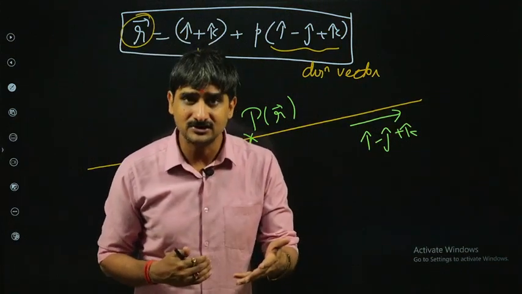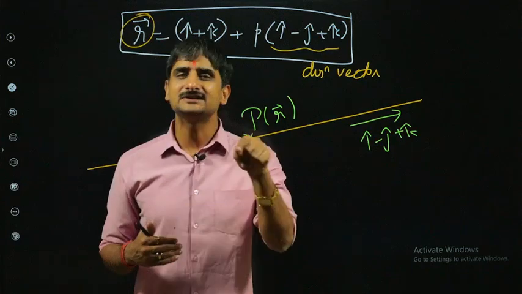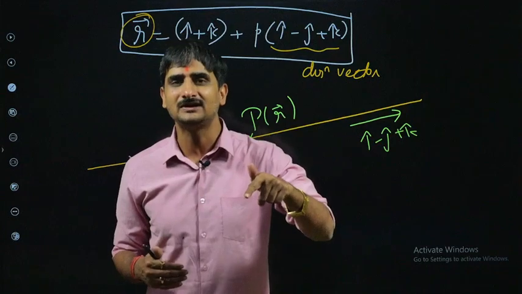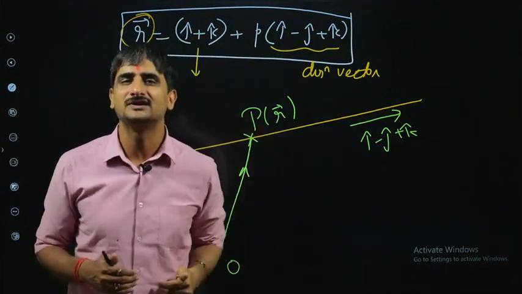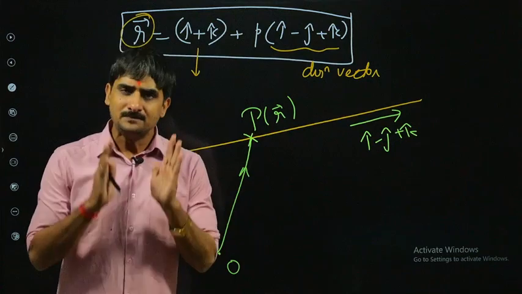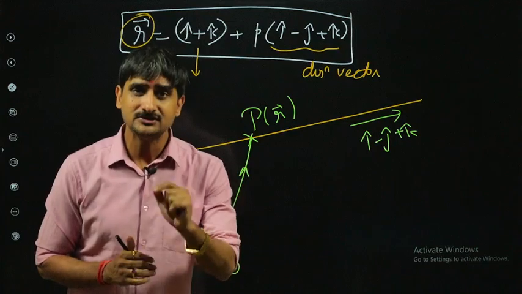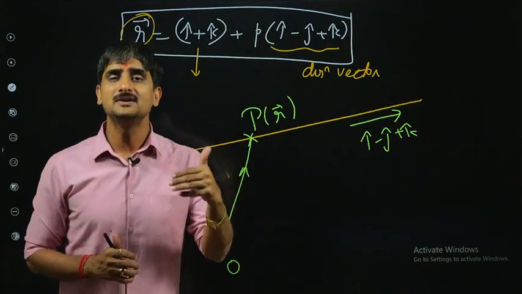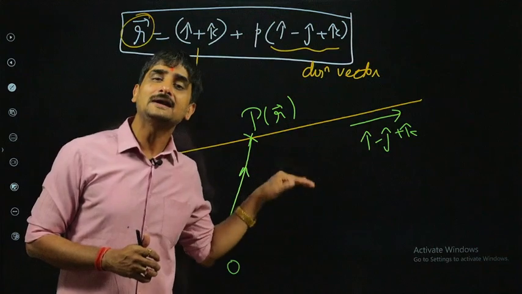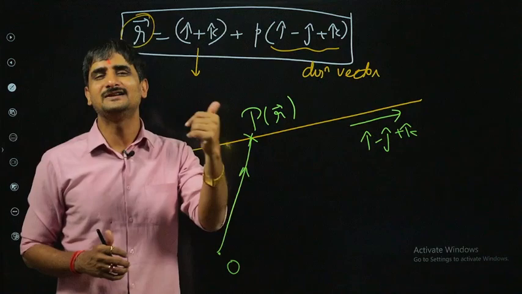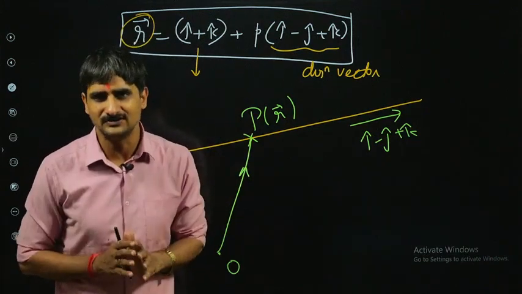If the origin satisfies that equation of the curve or the surface, then only vector r will lie on that curve or surface. Otherwise, be very clear about it, bachcho, that vector r is the position vector of any variable point on that curve, or on that surface, whatever the case may be.